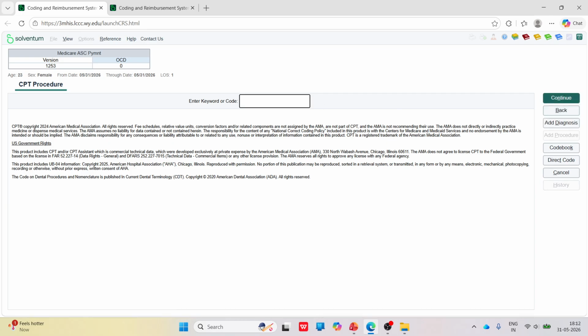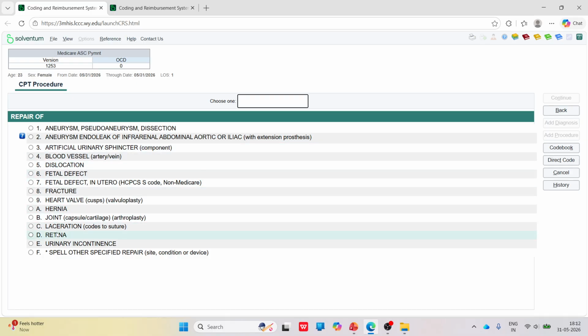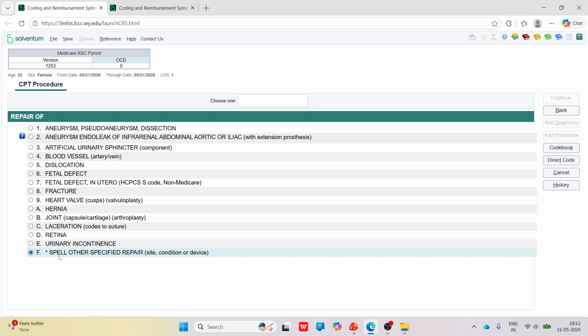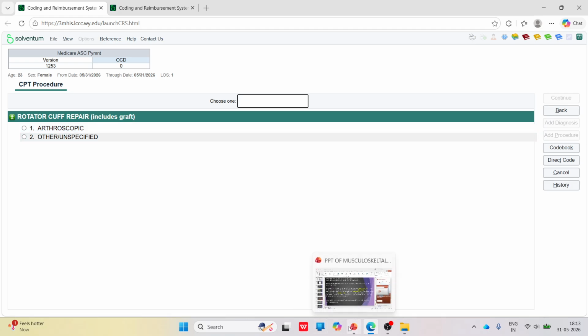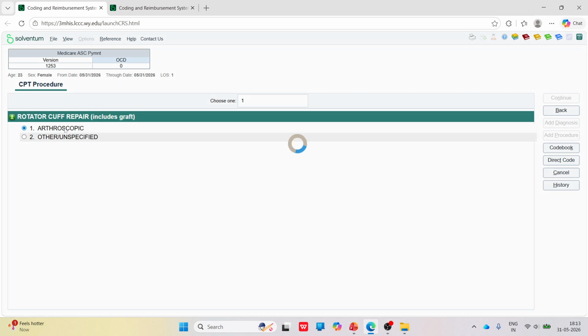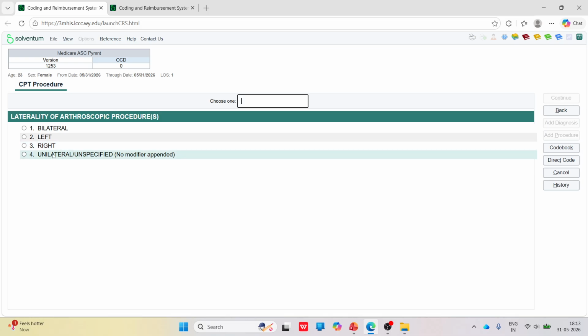Okay, repair, rotator cuff. It's arthroscopic. No biceps tenodesis, nothing is there. So without, unspecified. It's on the right side.